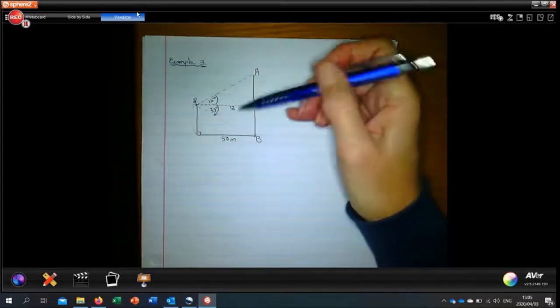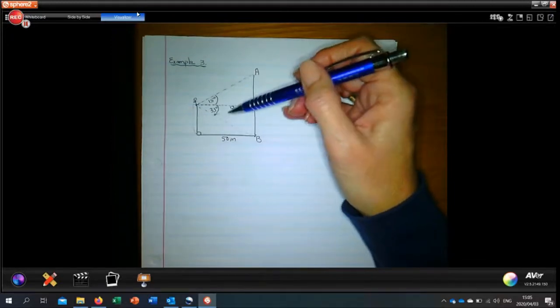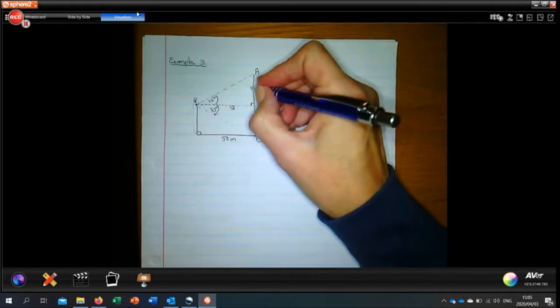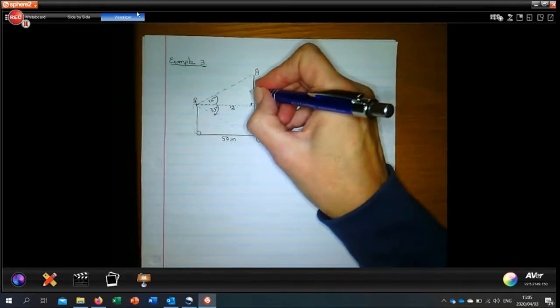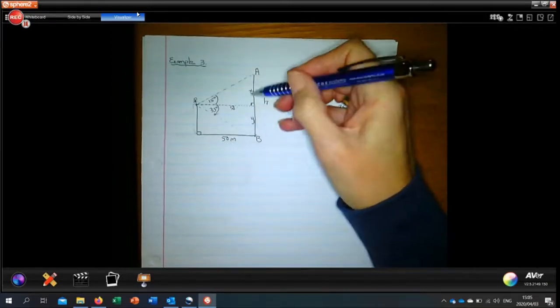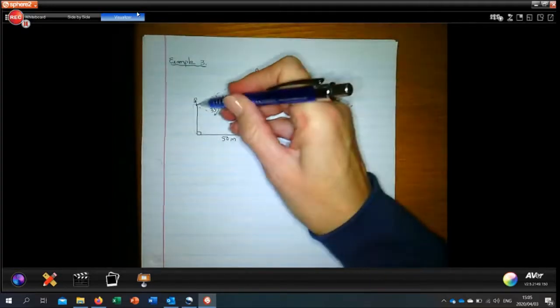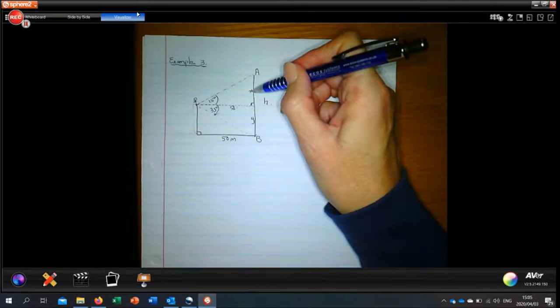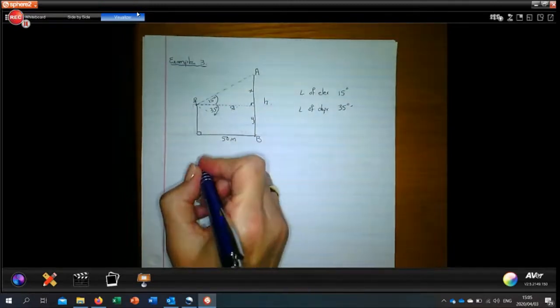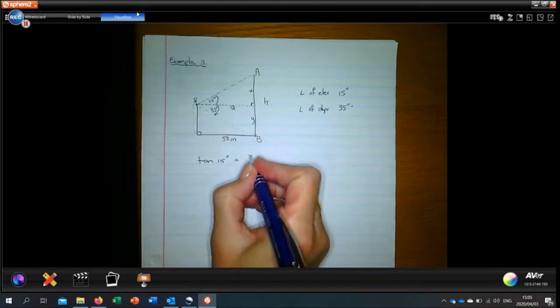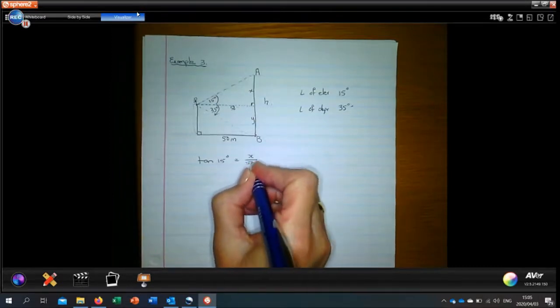So I hope you can see that this is very similar to the previous example that we did yesterday, where I now can calculate, let's make this one x and y. And I know that x plus y will give me the total height. So in this triangle I can calculate x, because I have that tan 15 is opposite over adjacent.